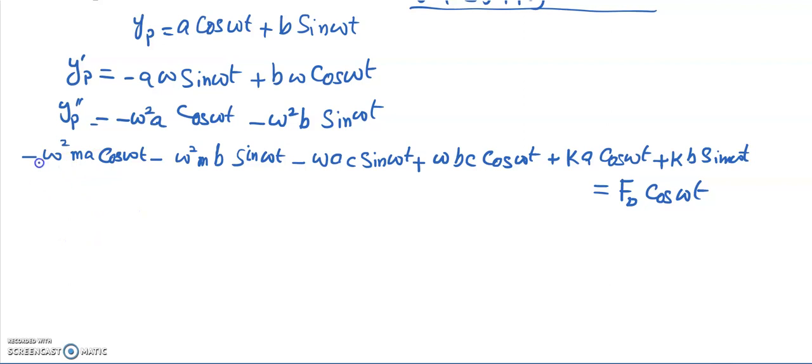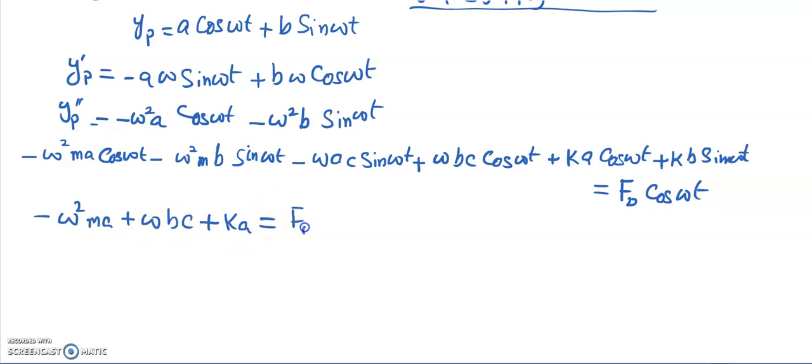For the cosine term, the first term will be minus omega square m a cosine omega t, and then the second term will be plus omega b c cosine omega t, and then plus k a. So all of these are the cosine terms: minus m omega square a, plus k a, and plus omega b c.